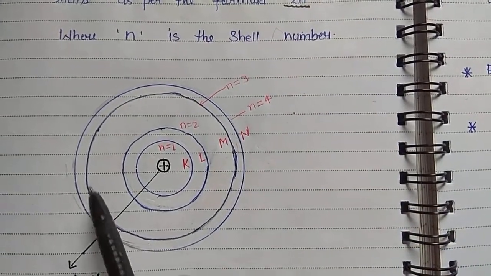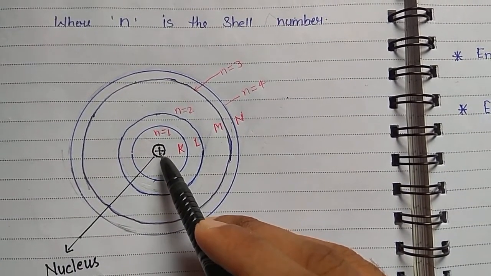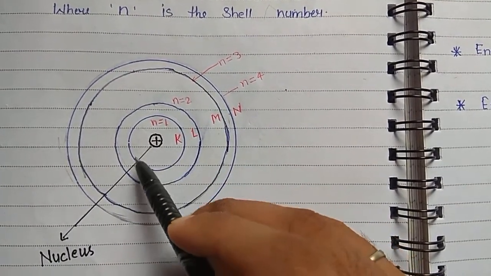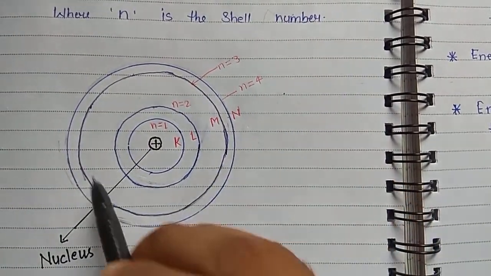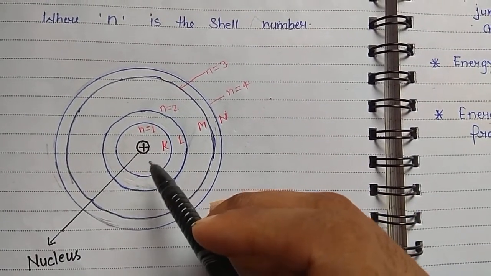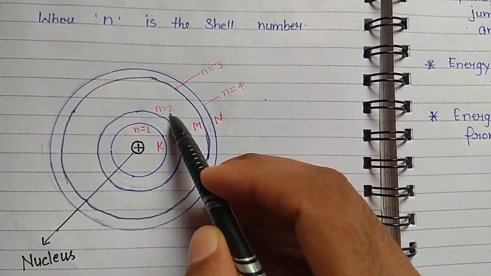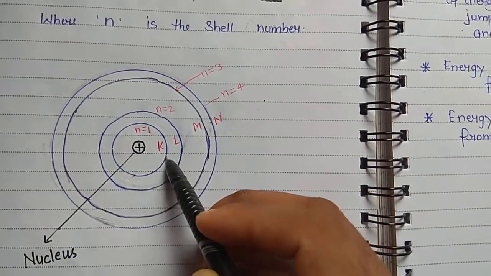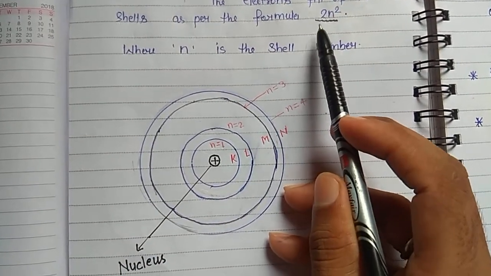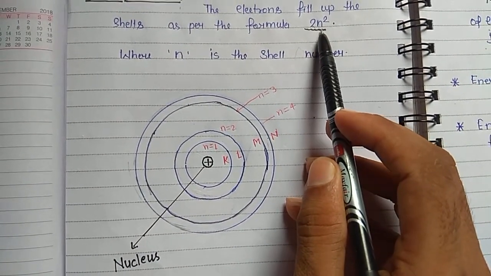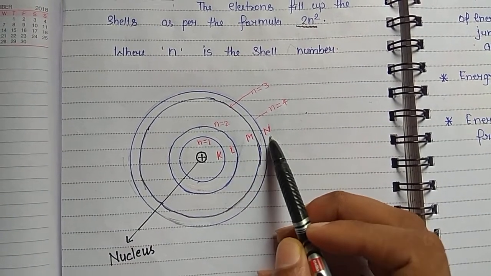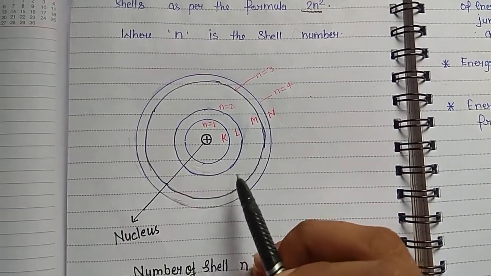This is the structure of an atom, in which this positive part represents the nucleus of an atom, and around the nucleus the circular paths are called shell or orbit or energy level, and these shells are numbered as 1, 2, 3 and 4 or K, L, M, N. Now apply the formula 2n square to fill up the electrons in the various shells K, L, M, N present around the nucleus.